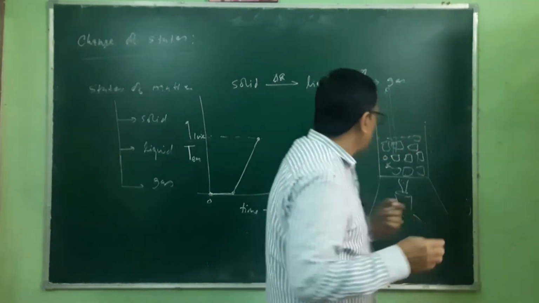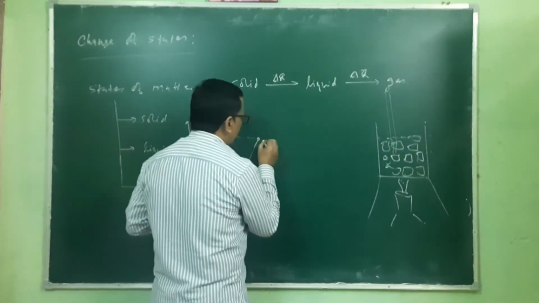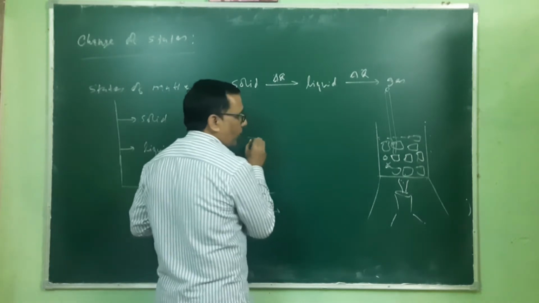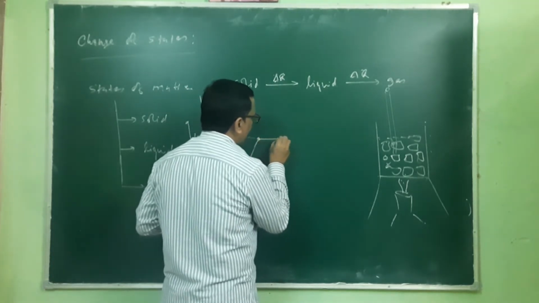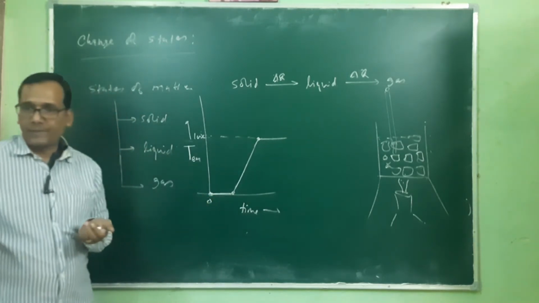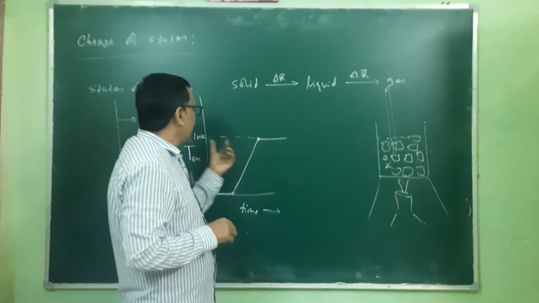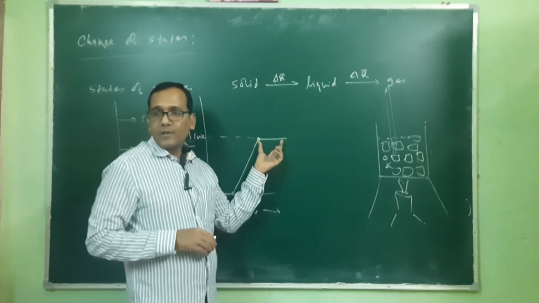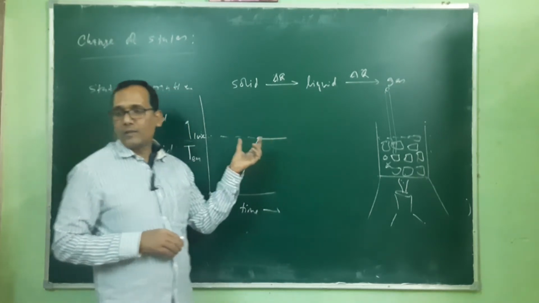Up to a certain time the water will boil, and here again the temperature is constant. At 100 degrees centigrade, where the water starts boiling, the temperature is constant.